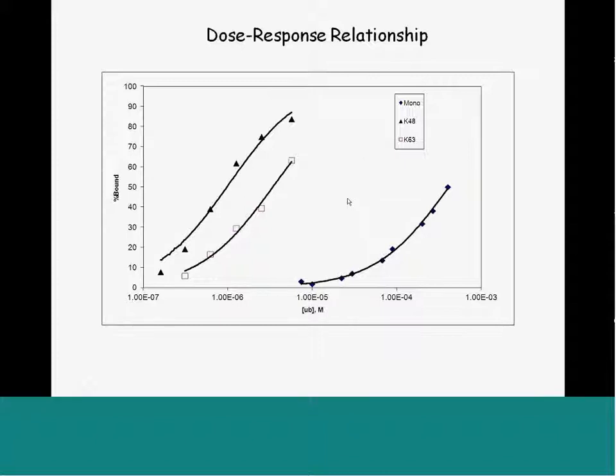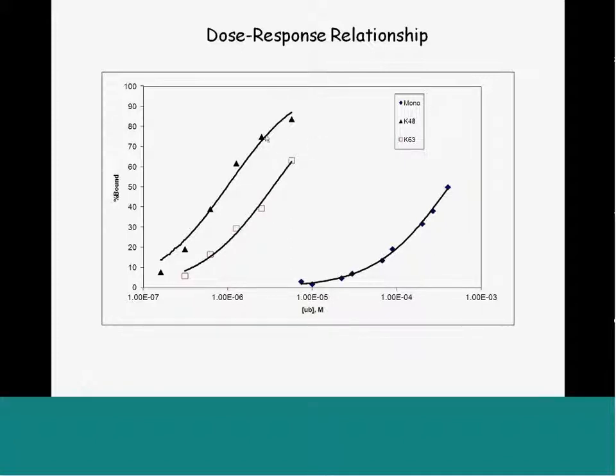So what we found is that mono-ubiquitin bound very nicely, specifically, but with a very low affinity compared to K63 and K48 linked chains. We were unable to really reach maximal binding. We haven't been able to get a higher dose, so we haven't succeeded there yet with mono-ubiquitin.